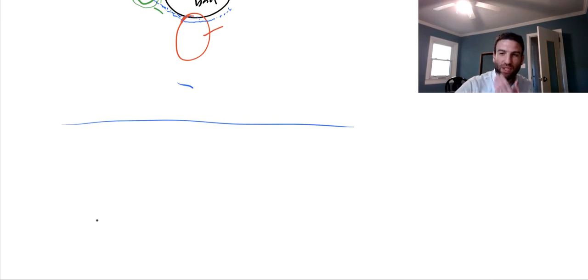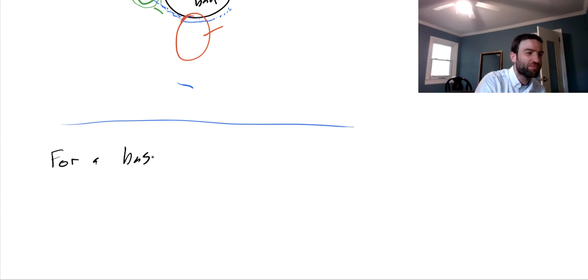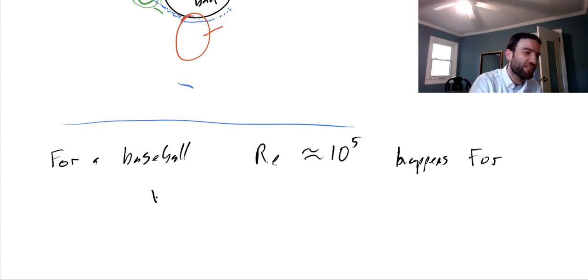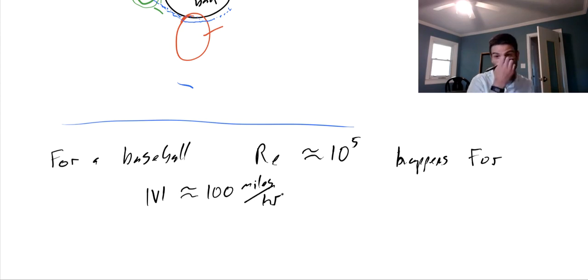So just to give you some context, I looked up numbers for a regulation baseball. For a baseball, a Reynolds number of about 100,000 happens when the magnitude of the velocity of the baseball is close to about 100 miles per hour, okay?